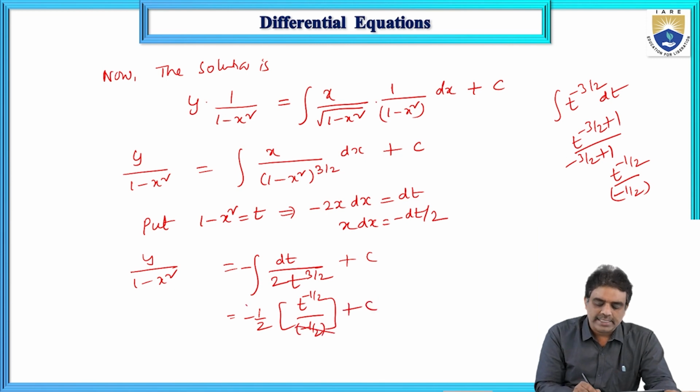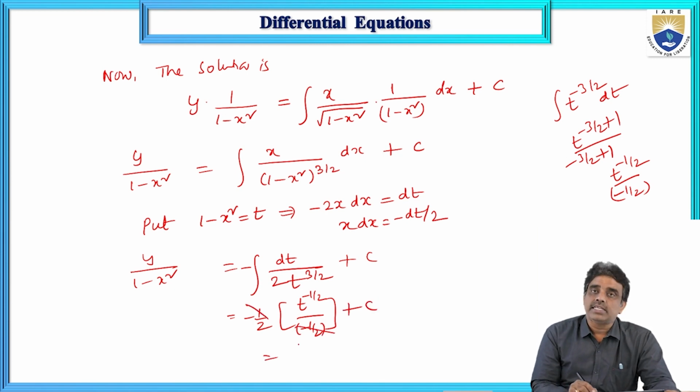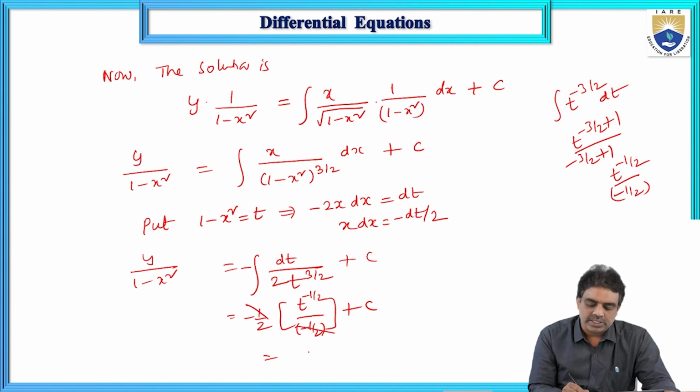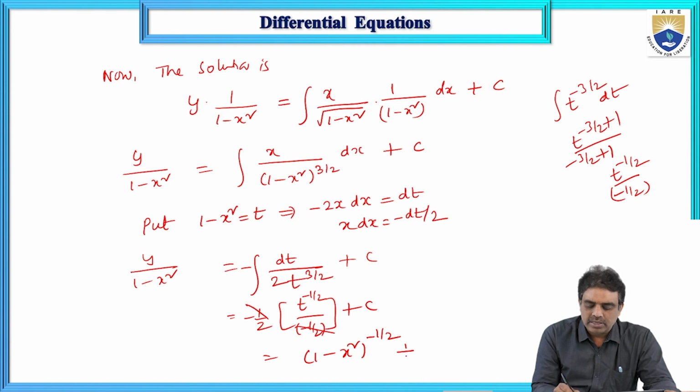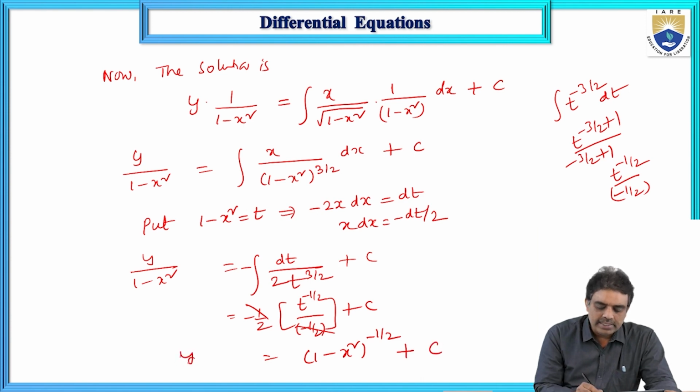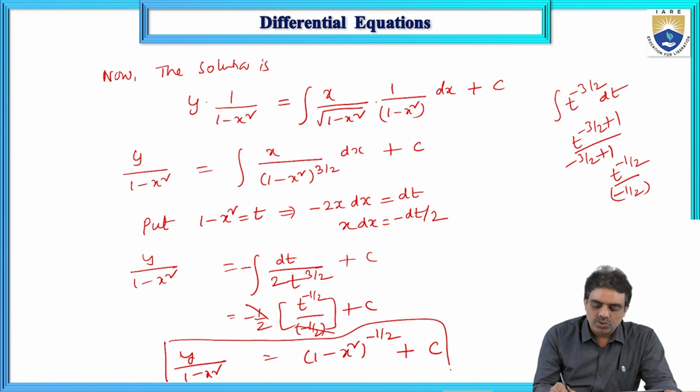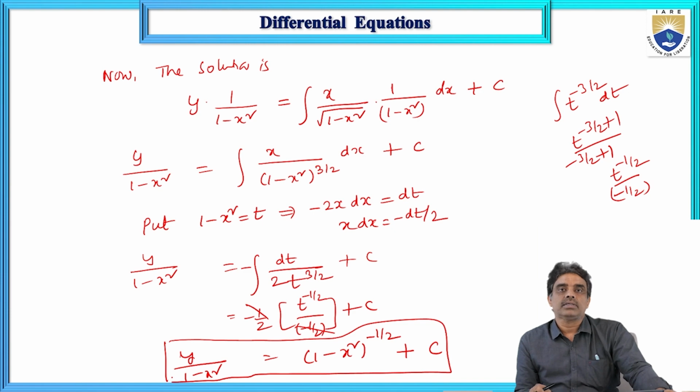So these two get cancelled. And what is our assumption t? t means 1 minus x square. So 1 minus x square whole power minus half plus c is equal to y by 1 minus x square, which is the solution of the given differential equation.